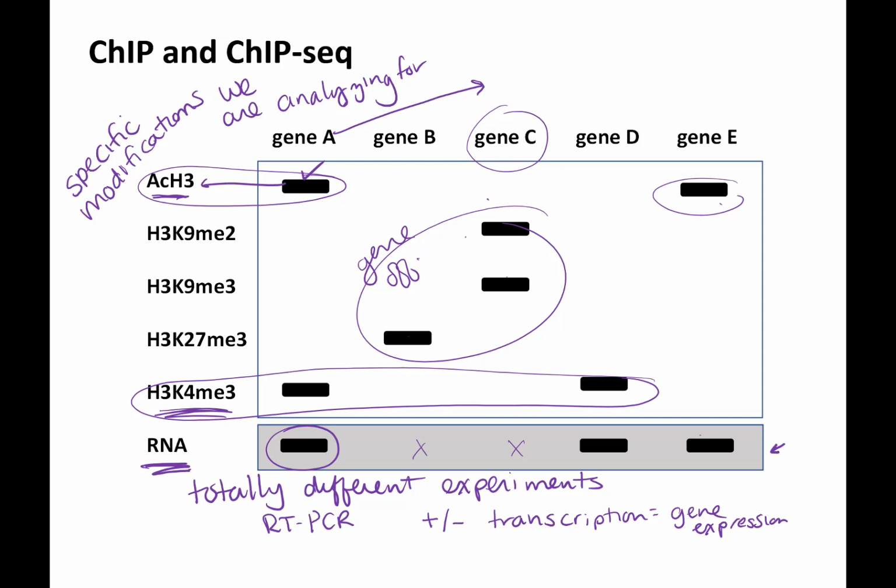These genes, E and D, which are also on, have slightly different codes. That's one of the things I want you to realize: there's no good set of rules. I've told you that acetylation is usually associated with gene expression, but you'll see that other methylations can override that. You'll see that in some of your recitation worksheet questions.